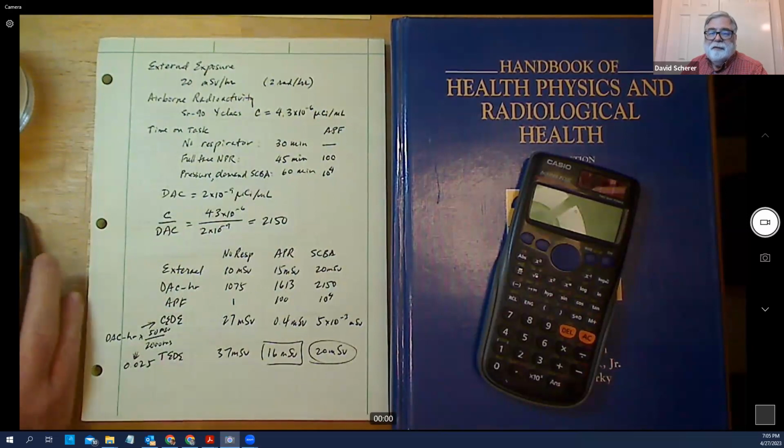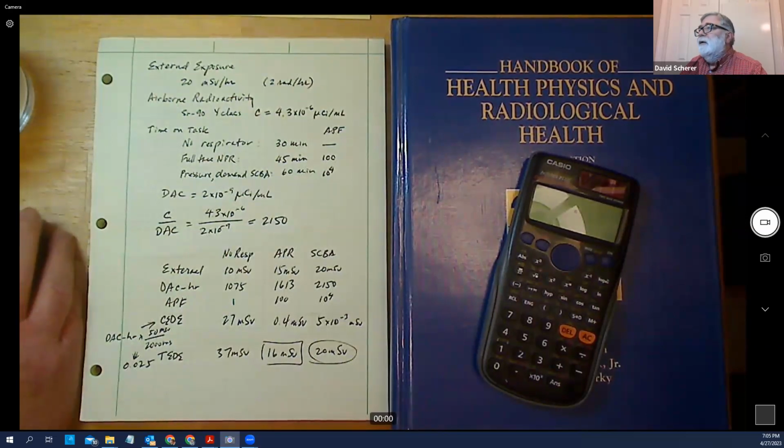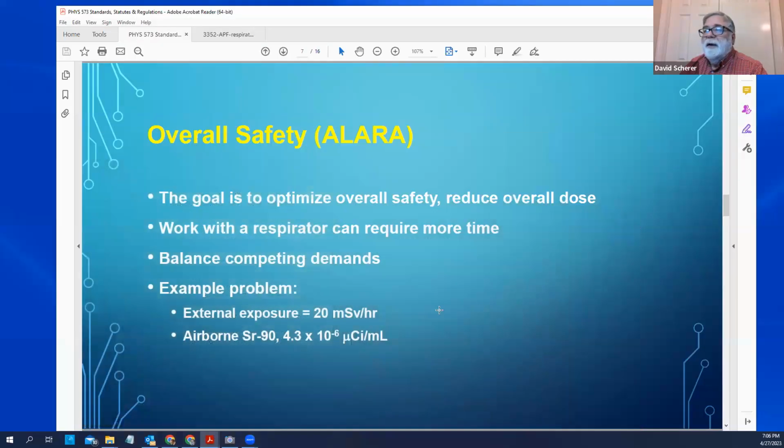You may also see a shielding calculation that I did on the other videos coming in the coming days. So that's where we are with that. This is the kind of calculation that HPs do. I wouldn't say routinely, but it is the center of the kind of work we do.